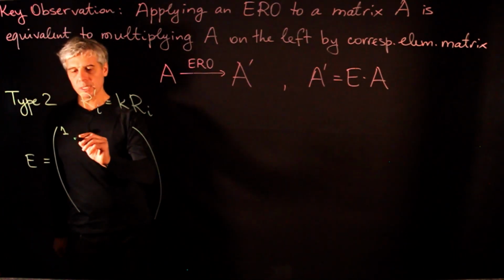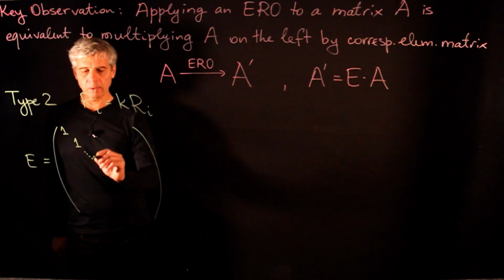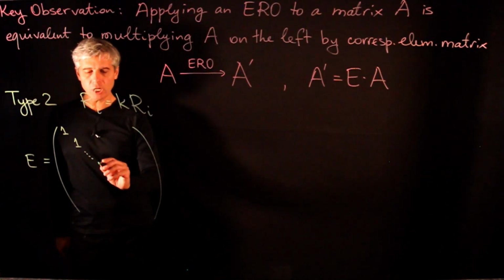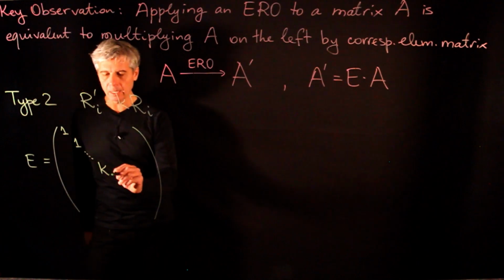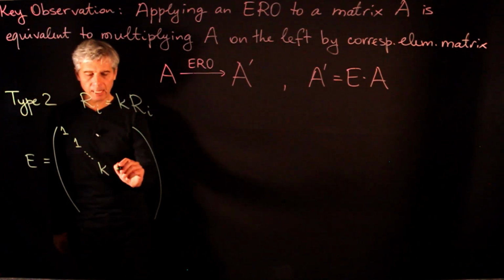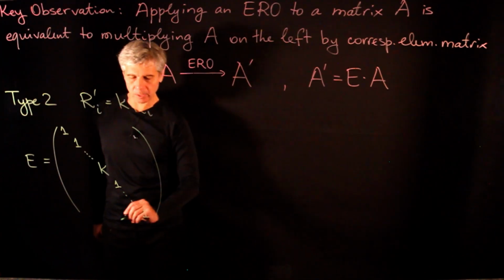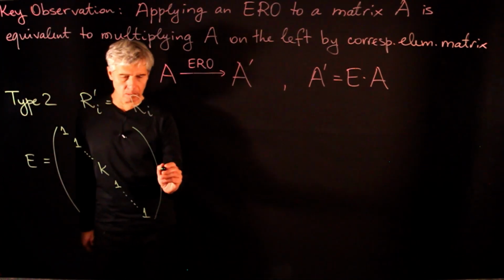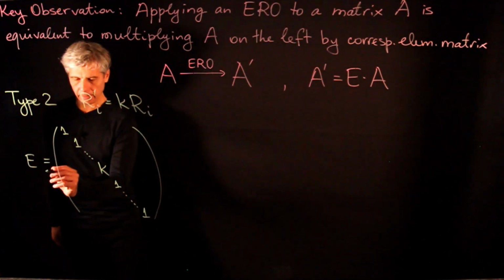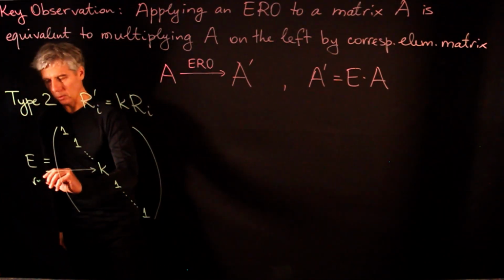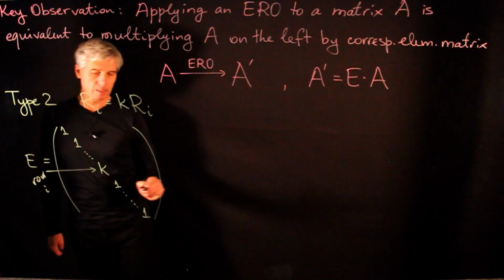Then all other rows will be unchanged except for row i, where we're going to get entry k on the diagonal, and elsewhere we're going to get ones on the diagonal. This is in row i.